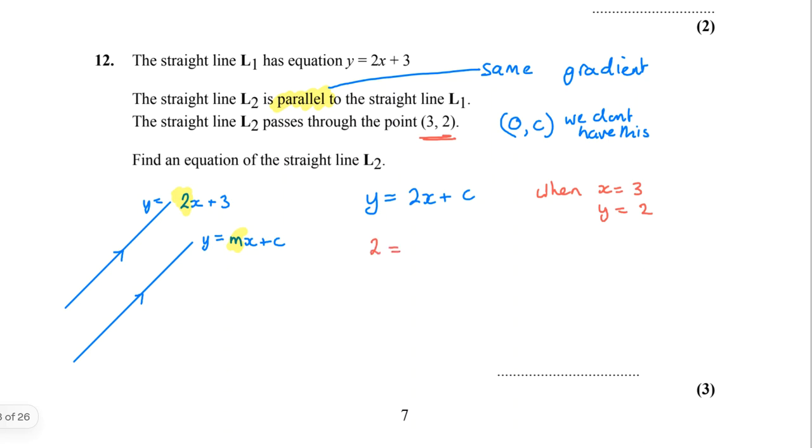So 2 is equal to 2 times 3 plus c. So 2 is equal to 6 plus c. So c has to equal minus 4. So we end up with y equals 2x minus 4.